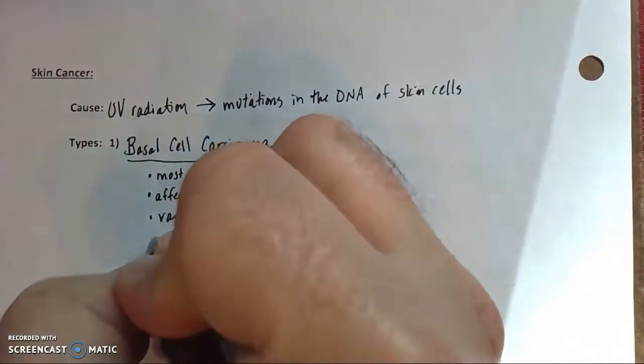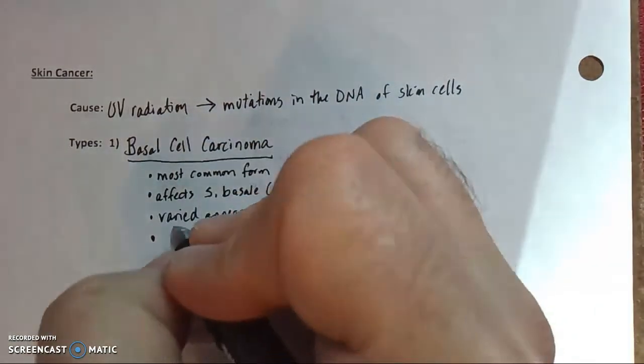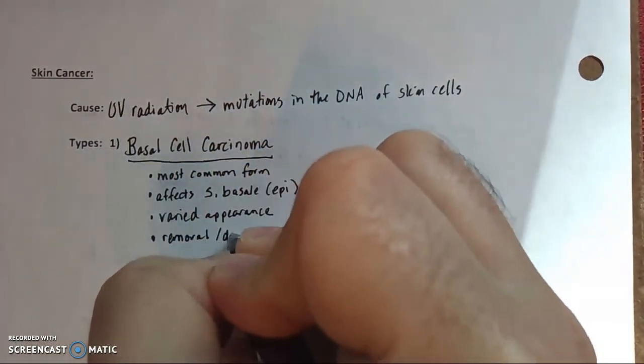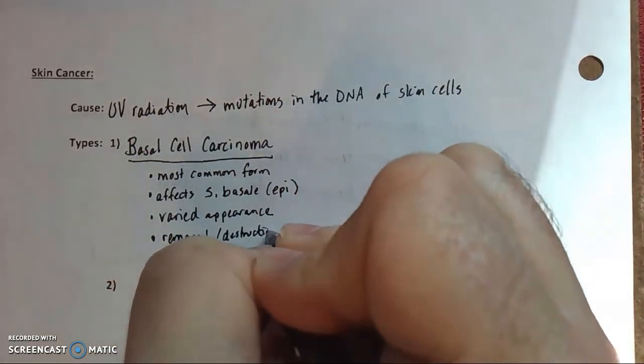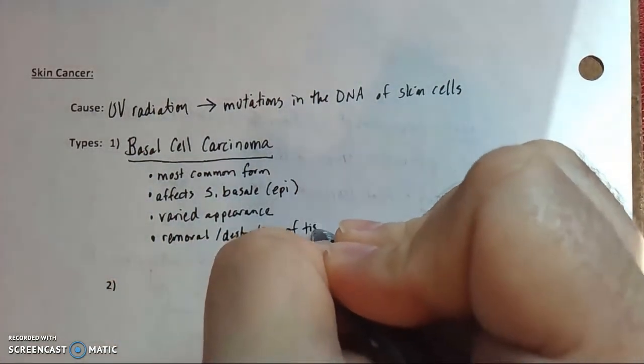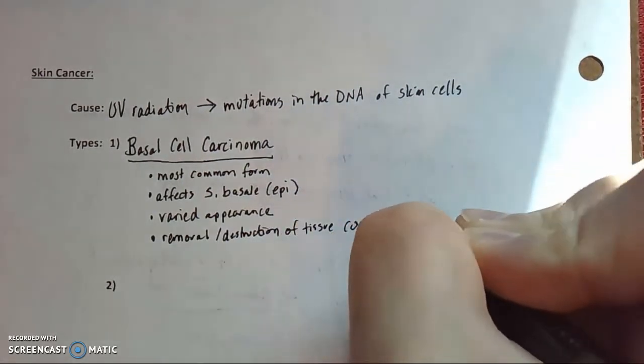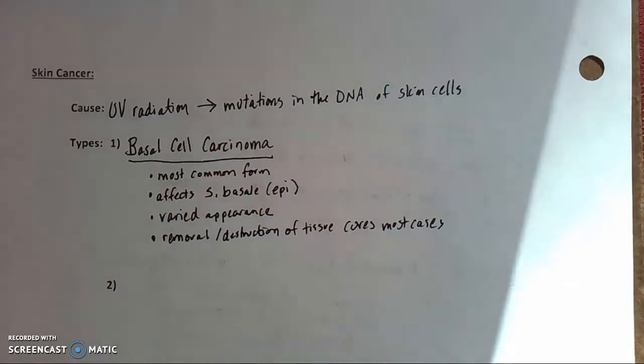So to get rid of this, removal or destruction of the cancerous tissue cures most cases. So of all the ones, the most common form is also one that really can be treated without any kind of radiation.